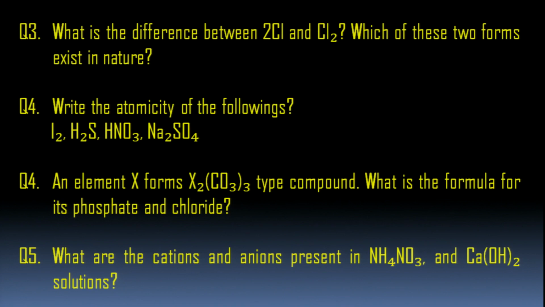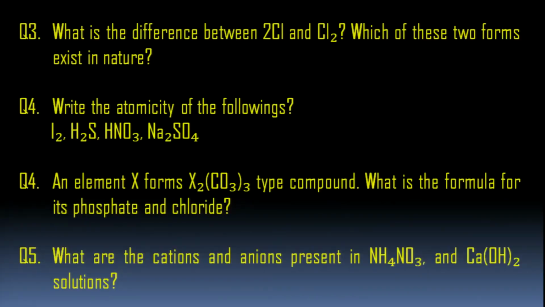Children, just think of it for 2 seconds. The element is X2(CO3)3. Means, what is the valency of X? Try to remember the swapping. Yes, X has valency 3 and CO3 has valency 2, which has come to X, and 3 has gone to CO3. So valency of element X is 3. What is the formula of phosphate and chloride?